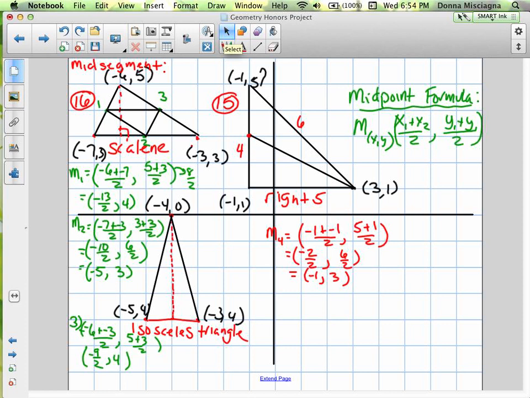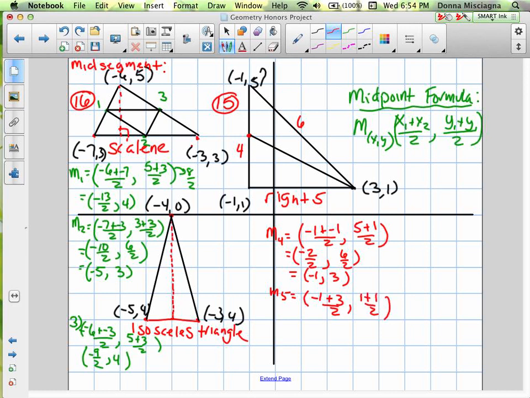All right, so now let's do the same thing with side 5. All right, so we have, we're adding the -1 plus 3 divided by 2 and 1 plus 1 divided by 2. So that's going to be 2 divided by 2 and 2 divided by 2. So that's going to be the point 1, 1. All right, and so there's the point 1, 1.